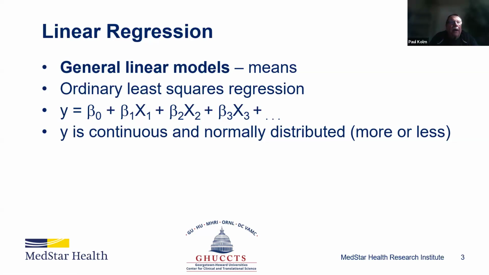And we're going to model that as a function of any number of independent variables, which we designate here by the x's. The betas are the regression coefficients. Beta sub 0 is the intercept term. Beta sub 1 is the regression coefficient for independent variable number 1, and so on.